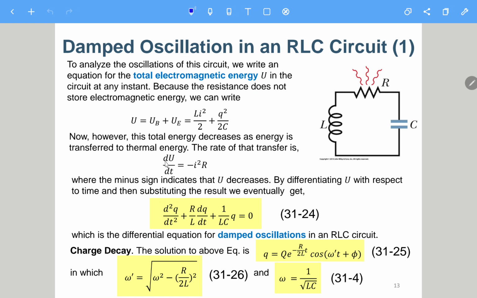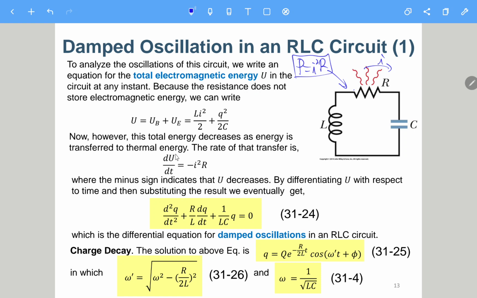So here, rather than dU/dt equals 0, we have dU/dt equal to a negative value. If you still remember, the power of the resistor is I squared R, the power consumption if there is current going through it. So dU/dt is actually the power.